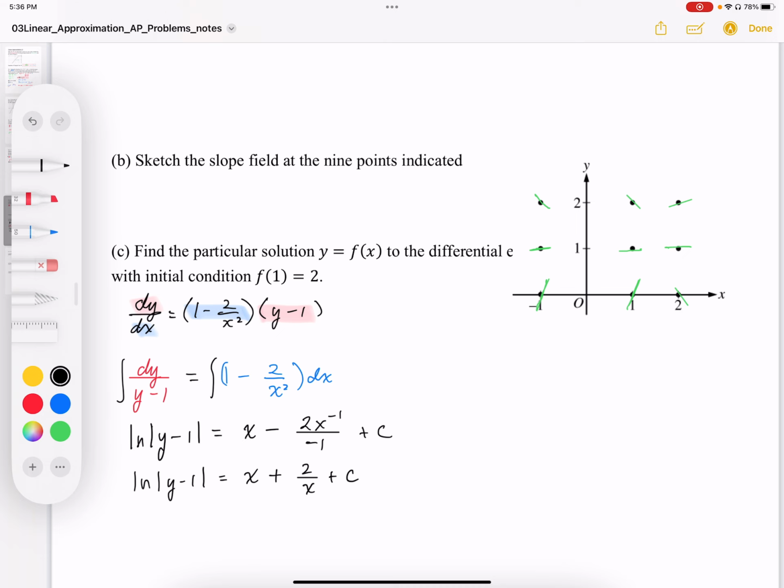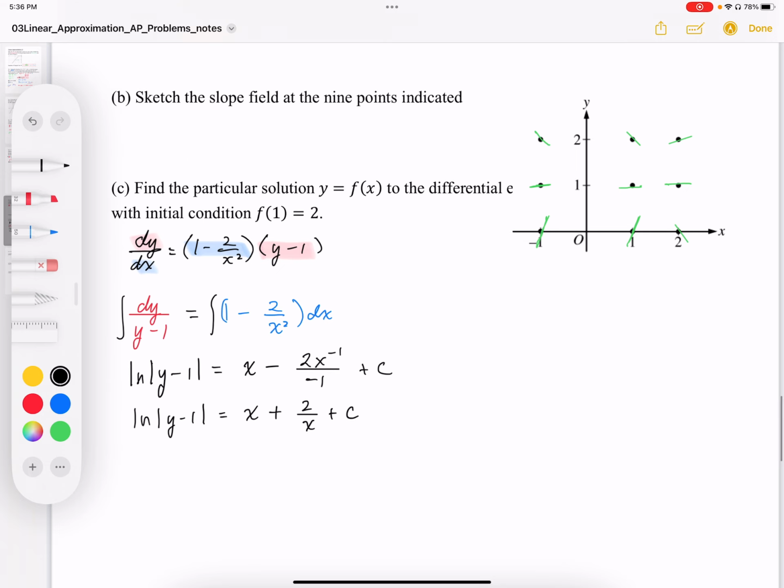Okay, so solving for c here. I'm going to solve for c by plugging in my initial point 1, 2. So 1 and 2 get plugged in, and I'm going to solve for my plus c. So log y is 1, so y is 2, minus 1 equals x is 1 plus 2 over 1, and then plus c.